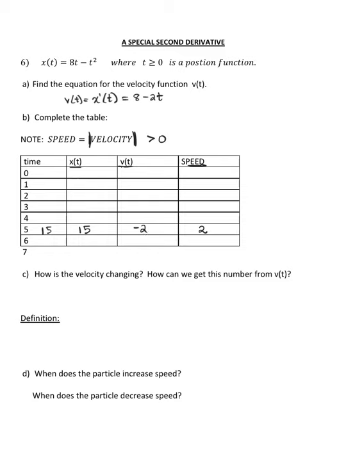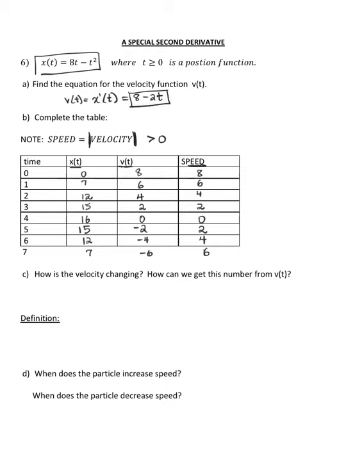Okay, take a minute and fill in the rest of the chart. So the chart has been completed here. And again, I substituted the time values into the position function and this velocity function, which is linear.